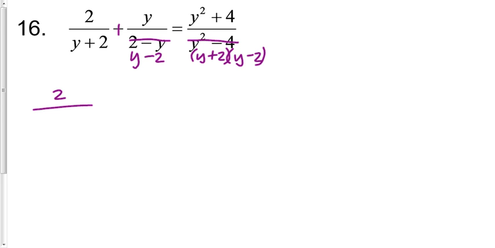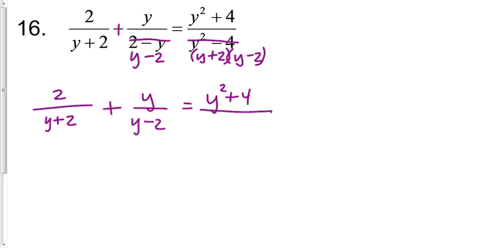We have 2 over y plus 2 plus y over y minus 2 equals y squared plus 4 over y plus 2 times y minus 2. All right, now I'm ready to multiply by my common denominator. The common denominator here is y plus 2 times y minus 2. So I'm going to multiply everything by that common denominator.